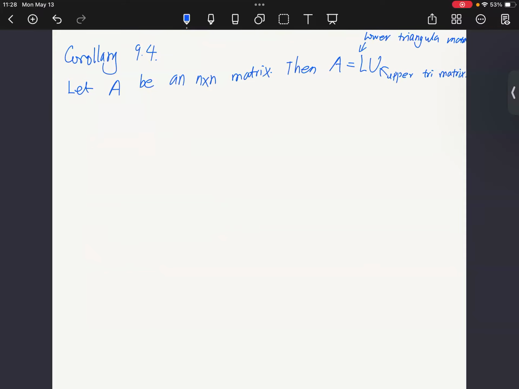And for L, we have a restriction with ones on the diagonal.